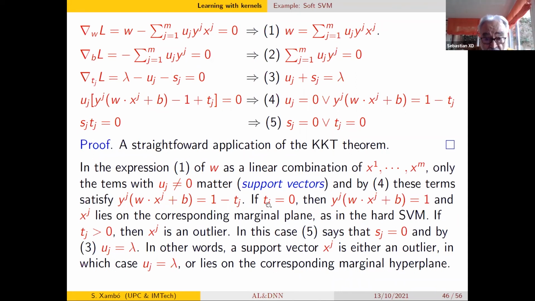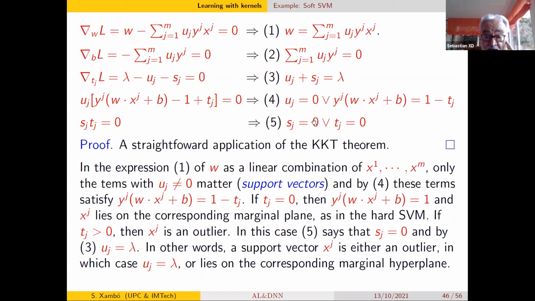But if tj is 0, then we are okay. The xj lies on the corresponding marginal plane, as in the hard support vector machine. And if tj is bigger than 0, then xj is an outlier, by definition. They are misclassified somehow, in this case misclassified or in the ribbon.